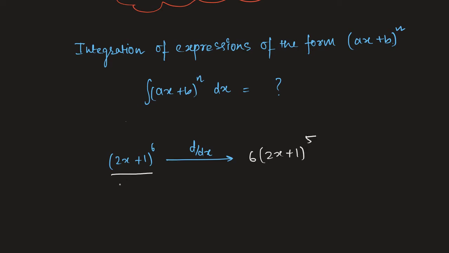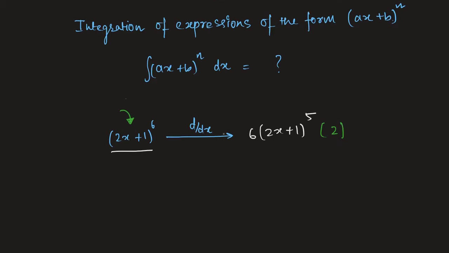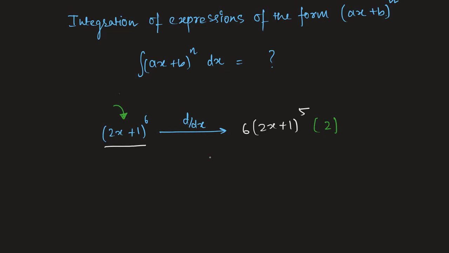Once we have differentiated the outer part, we differentiate the inner part, which is a linear expression, 2x + 1. The derivative of 2x + 1 is 2.